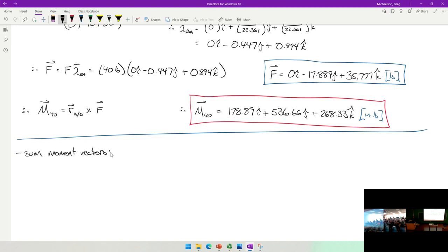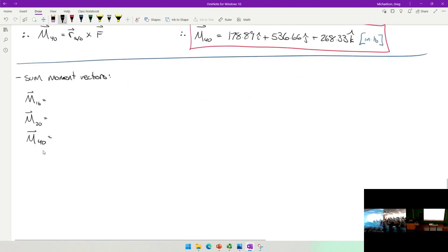And the way that we handle that is just the way that we've added up vectors this whole time. All right. So what do we have? We have 178.89 plus 536.66 J plus 268.33K, right?